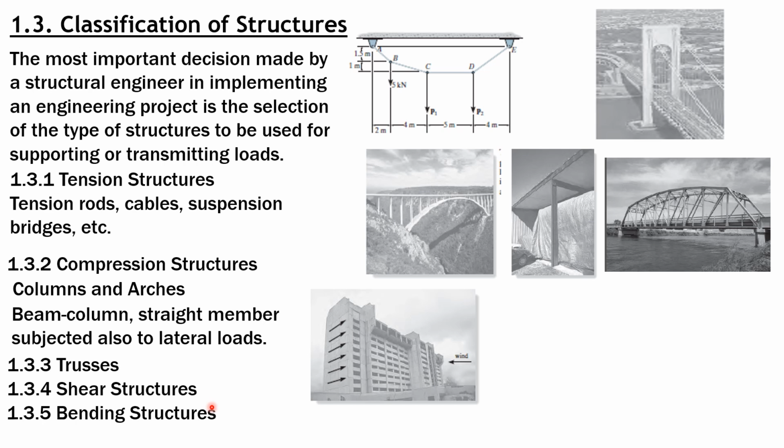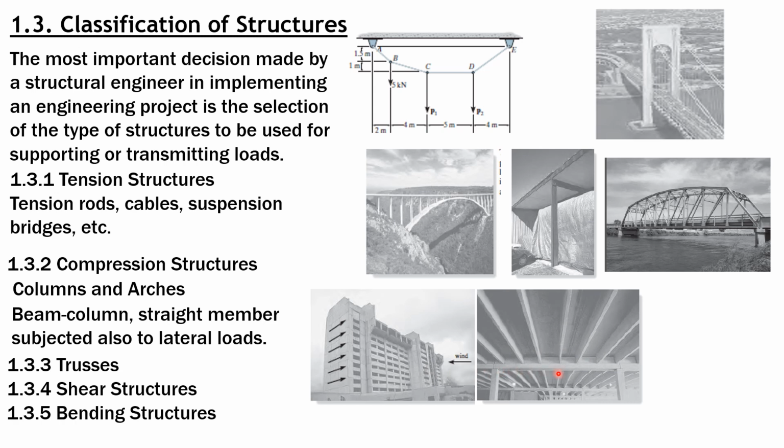If the earthquake lateral load causes a greater value, then that controls. If wind controls, then it should be the wind load that controls in the design of this structure here. Then bending structures such as beams and girders.